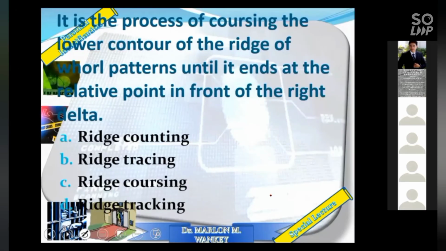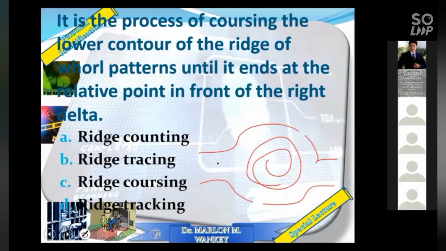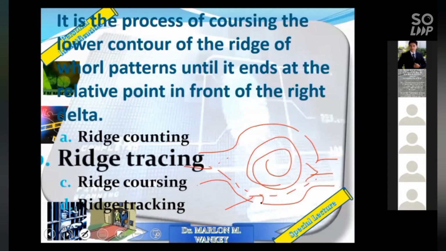It is the process of tracing the lower contour. Maybe you already know the answer. What is the answer? Didn't I say, ridge lower contour? Okay, there. Lower contour. This is the lower contour. So that is already ridge tracing.